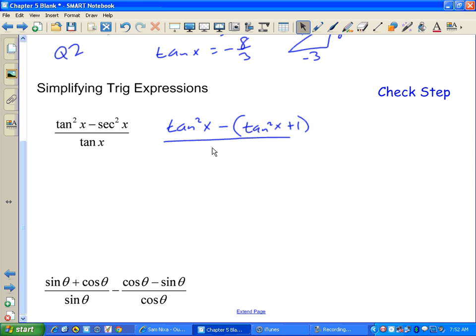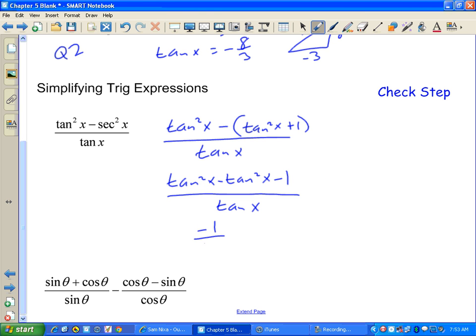I'm going to keep my tangent on the bottom. I'm going to distribute my negative sign in here. Okay, so on top here, I've got tangent squared minus tangent squared, so that's going to go away and leave just -1 over tangent.